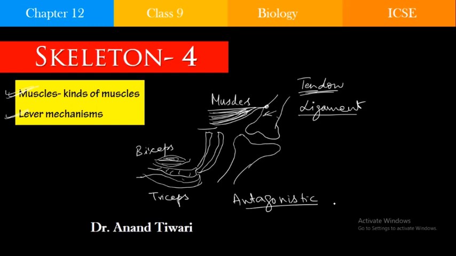With antagonistic muscles, a structure which has been moved by a muscle cannot return to its original position without the action of the other muscle. Such muscles that cause opposite movements are called antagonistic muscles. So biceps and triceps are opposite in nature.